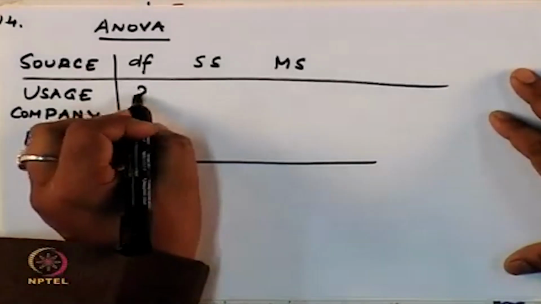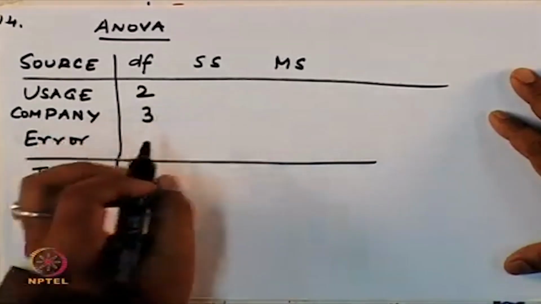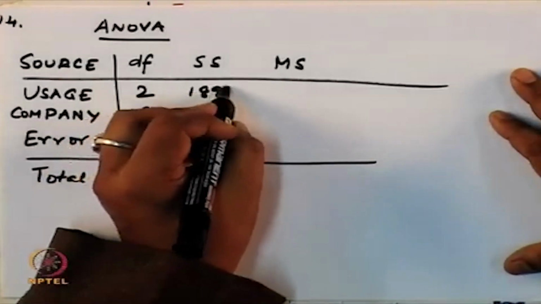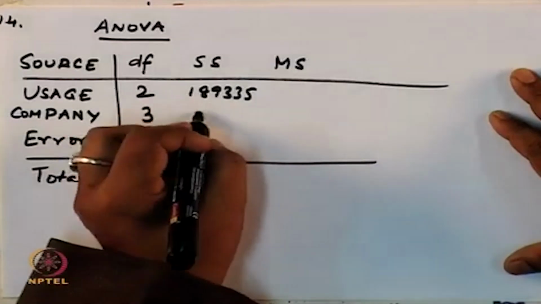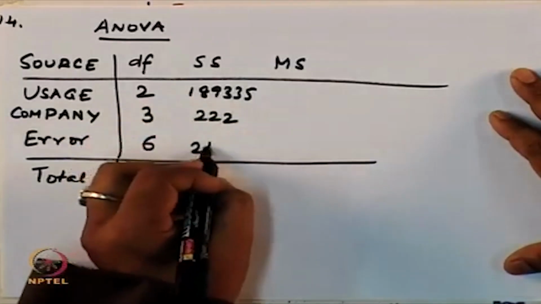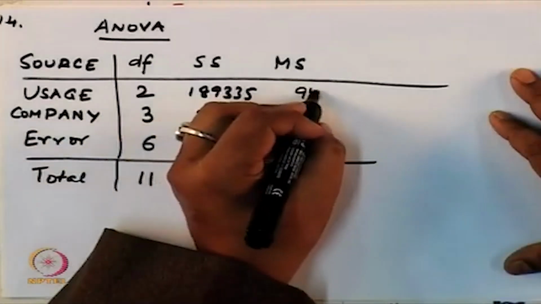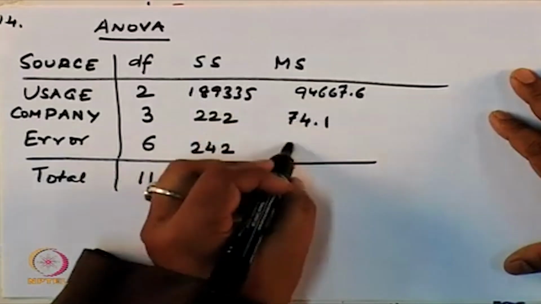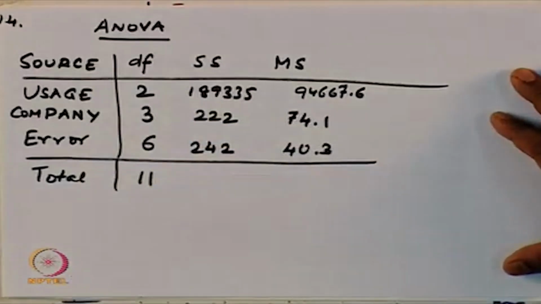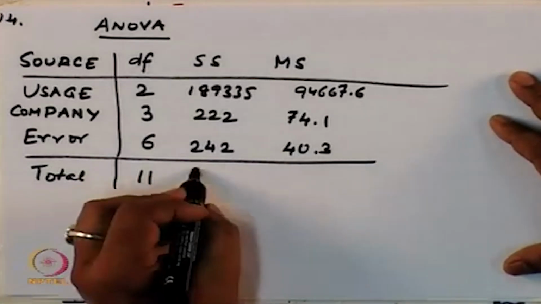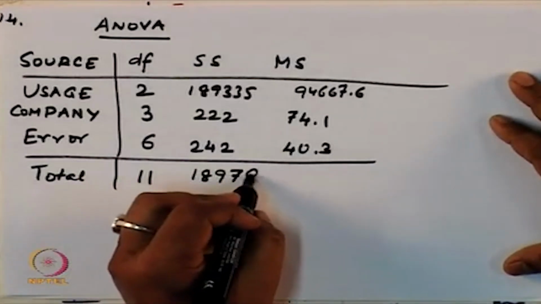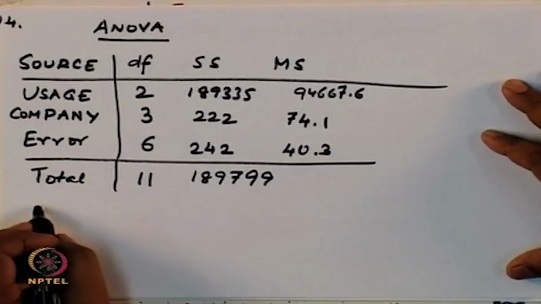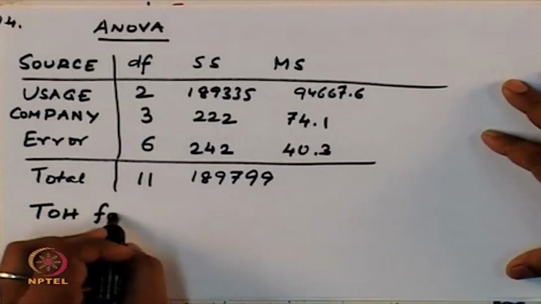The degrees of freedom are 2, this is 3, this is 6, this is 11. So, I can calculate the values, and this is error. Based on this you can then probe the test of hypothesis for equality of treatments.